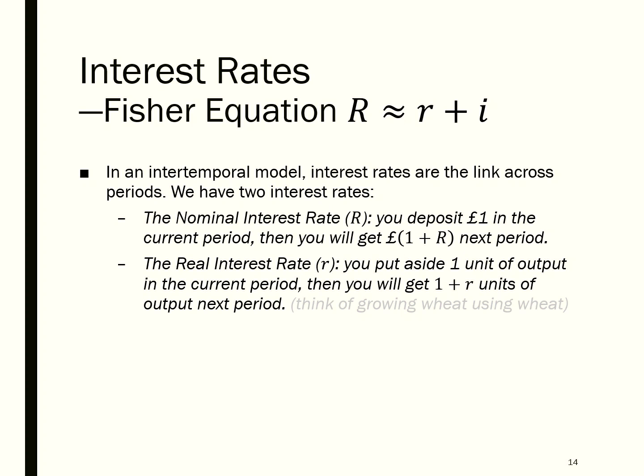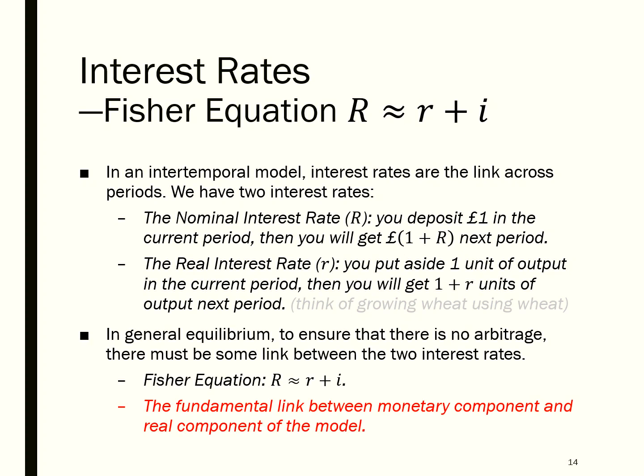And then you will get some profit, and this profit will be equal to little r as the return to your investment of that unit of output. So this 1 plus R and 1 plus little r have to be connected in some way so that you don't have any extra arbitrage opportunity. This is required by the no arbitrage condition.